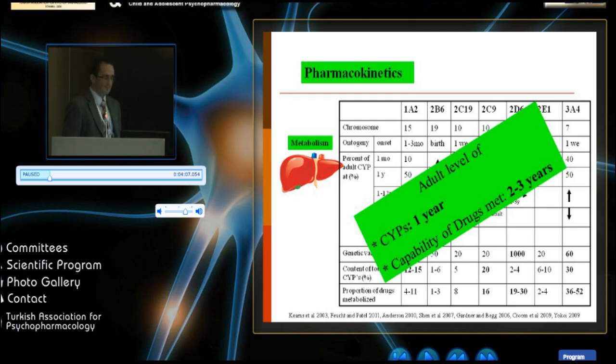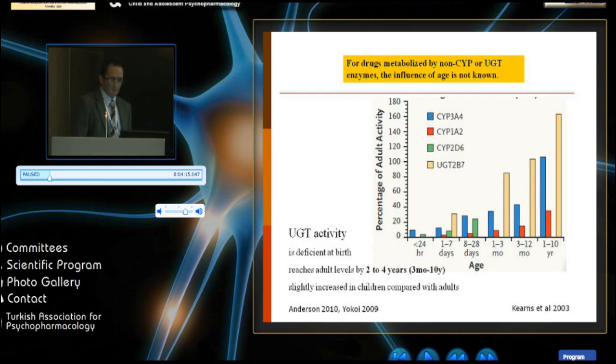Cytochromes reach the level of an adult approximately at the age of 2, and around the age of 2 to 3, the drug elimination can take place. Other than the cytochromes, glucuronyl transferases reach the adult level between 2 and 4.